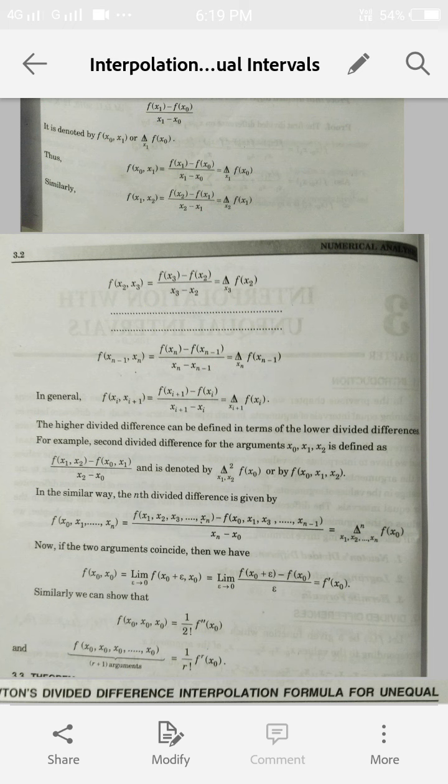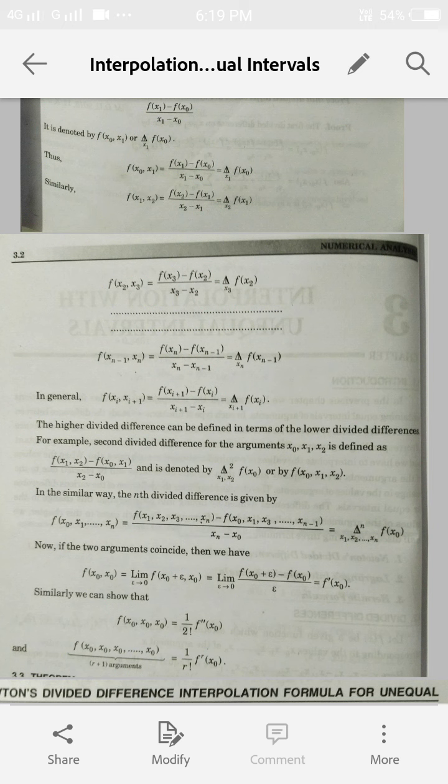So in a general way, we can write this value for xi and x(i+1). These are all the first order divided differences. Continuing like this, we can find the higher order divided differences.